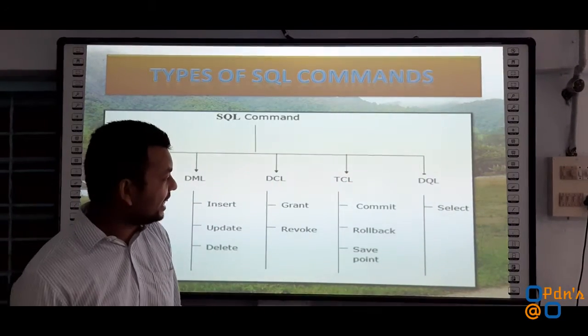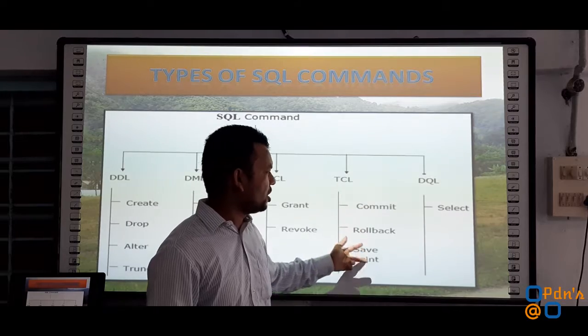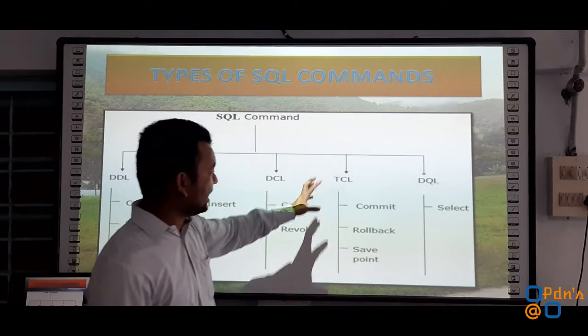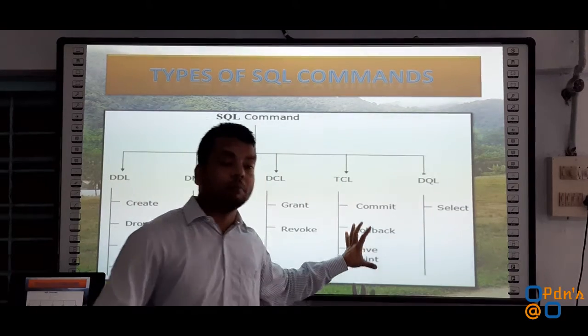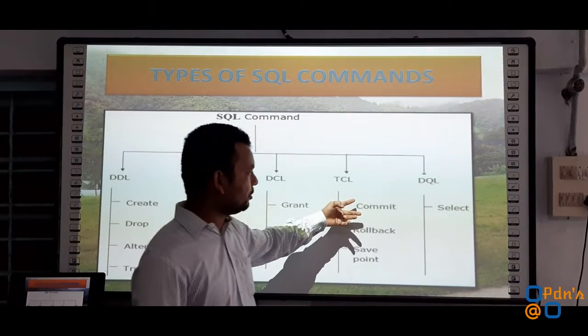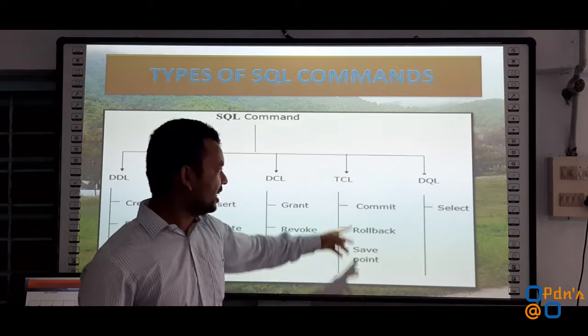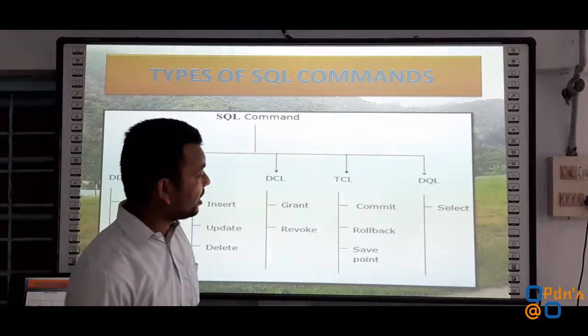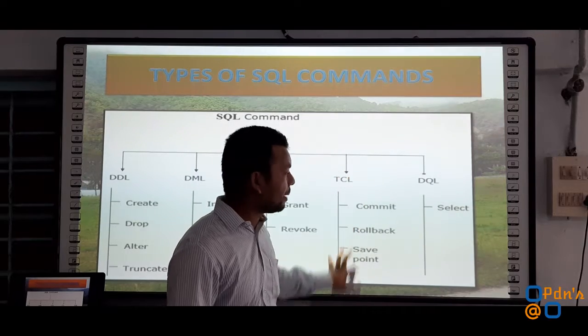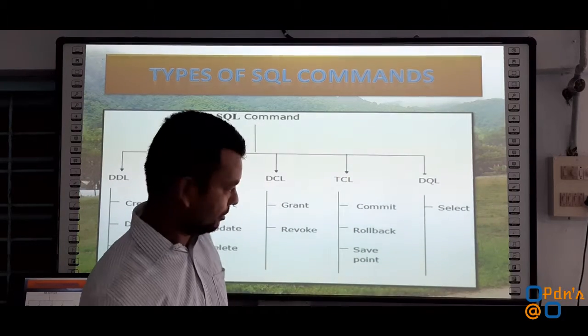Now in this category there are 3 commands, but this is also out of our syllabus, so we will not concentrate on it in detail. We will simply discuss what these 3 are: commit, rollback and savepoint.